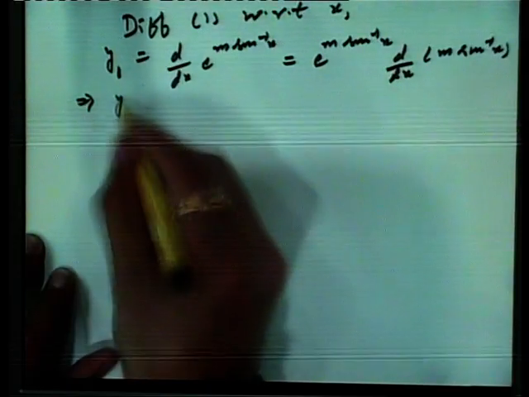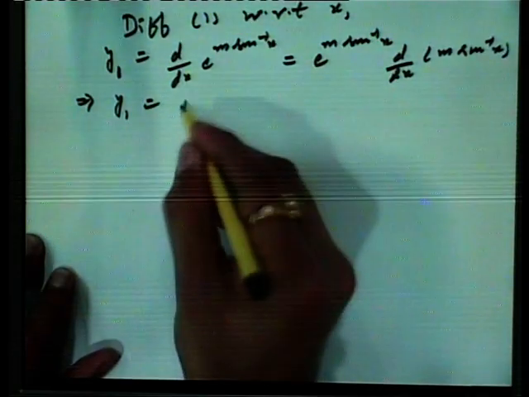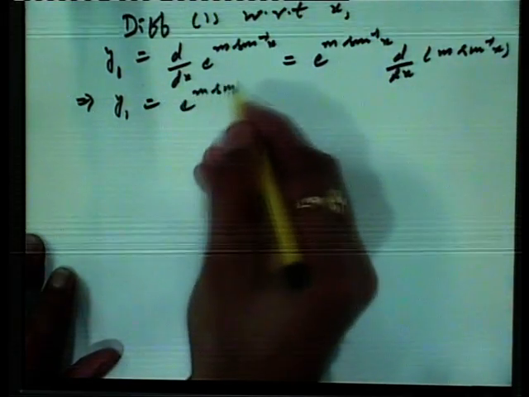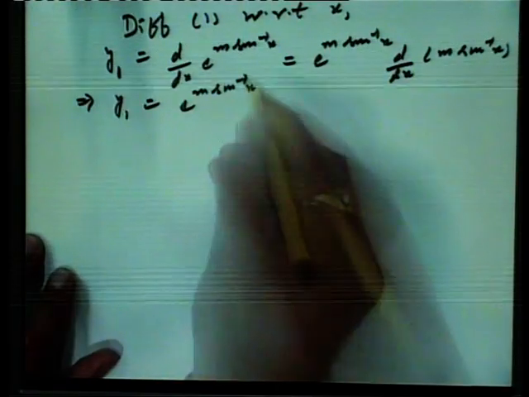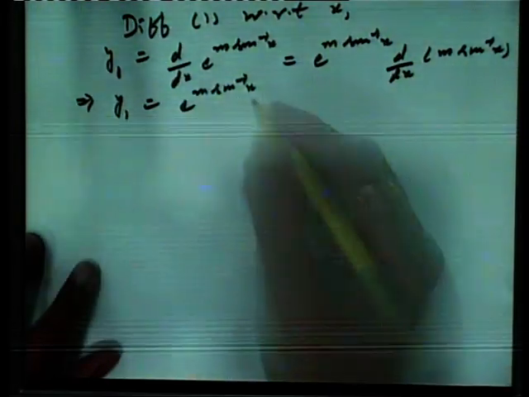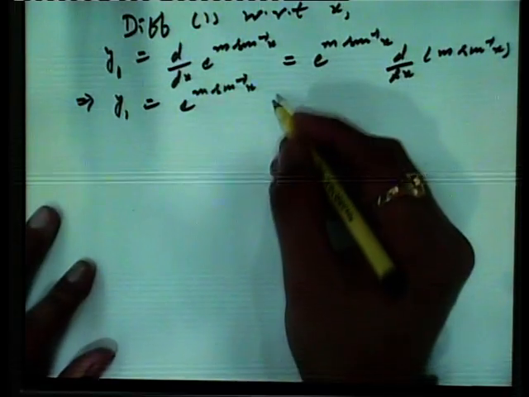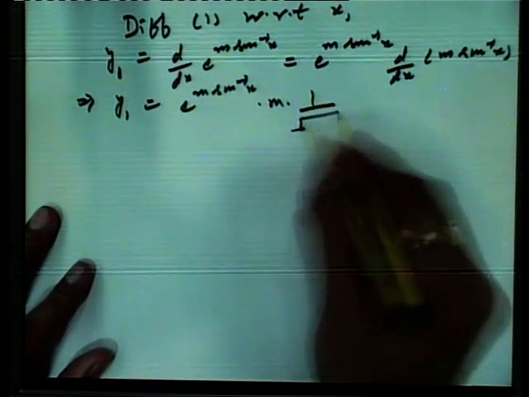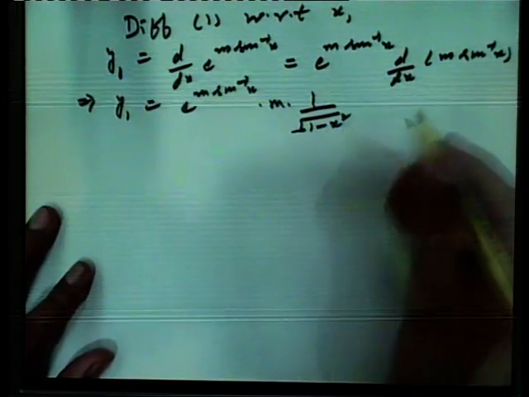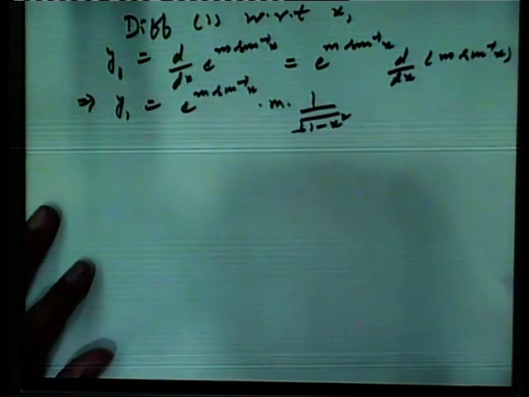This means y1 is equal to e power m sin inverse x into m, which is constant, into d dx of sin inverse x, which is 1 over the square root of 1 minus x square.